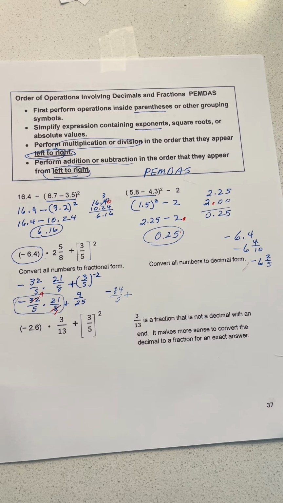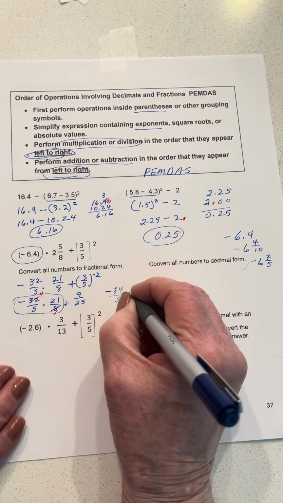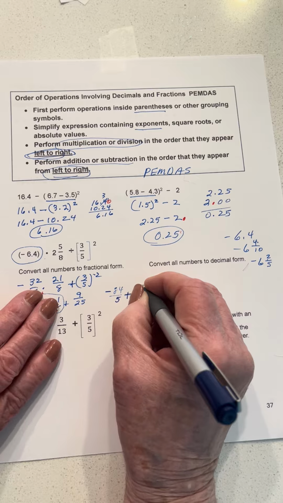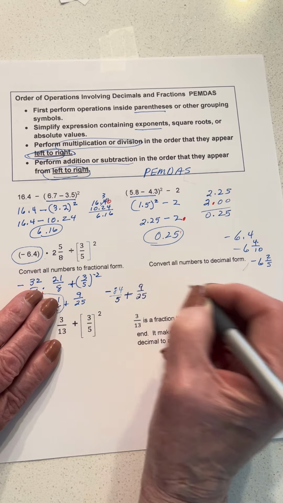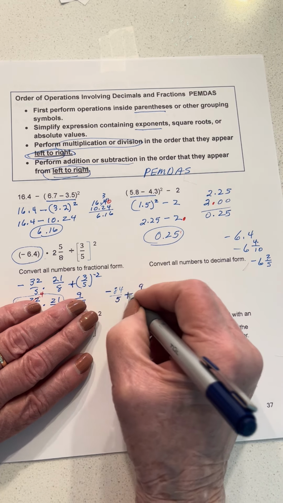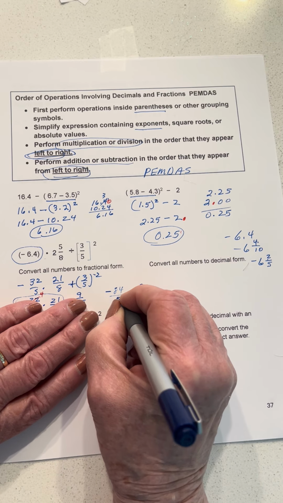plus, my pen just ran out, I think this one will work, plus 9 25ths, and I need a common denominator if I'm adding, so I'm going to change this one to 25ths.